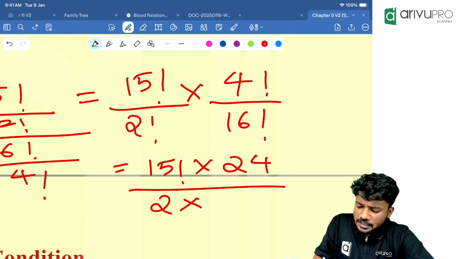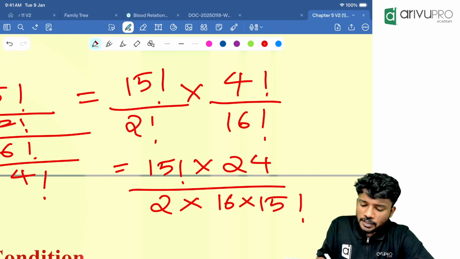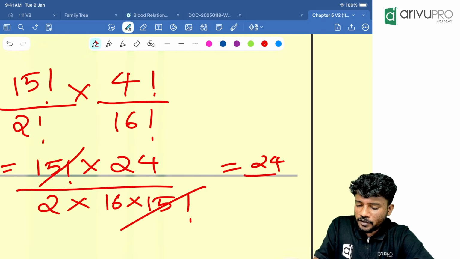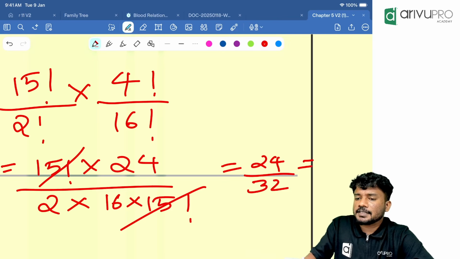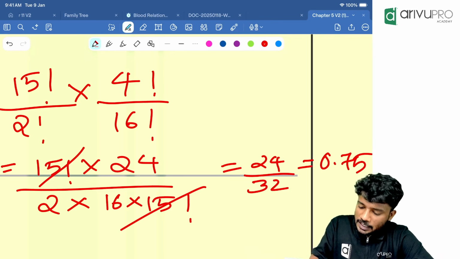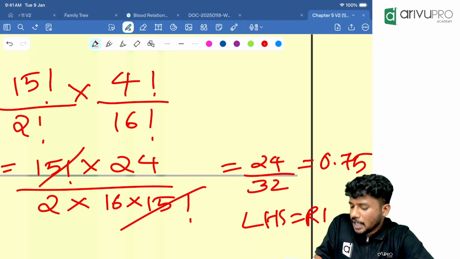Can I rewrite 16 factorial like this? 16 into 15 factorial. Cancel, cancel. What is remaining? 24 divided by 32 in the calculator, which is equal to how much, people? 0.75. So LHS is equal to RHS.